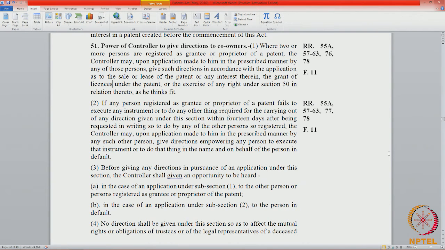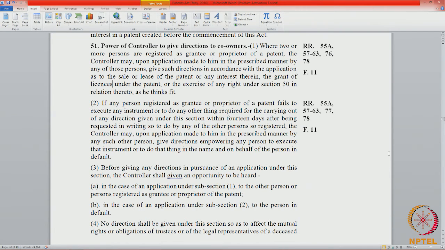A can take a Form 11 and request the controller to issue directions, because the controller has power to issue directions with regard to sale, lease of a patent, any interest therein, the grant of licenses under the patent, or exercise of any of the rights under section 50.